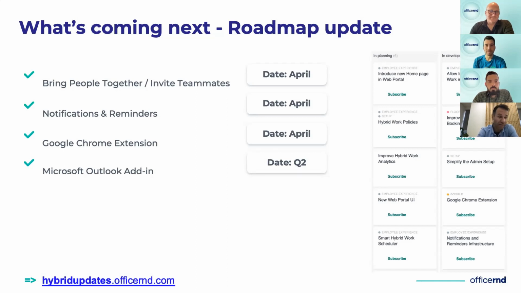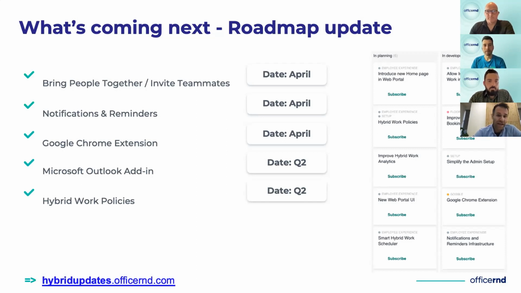So an Outlook add-in can be another great place for your teammates to actually schedule meeting spaces and book desks and overall schedule the team and personal visits to the office. So we'll make an add-in directly within Outlook that's going to take it to a whole new level.